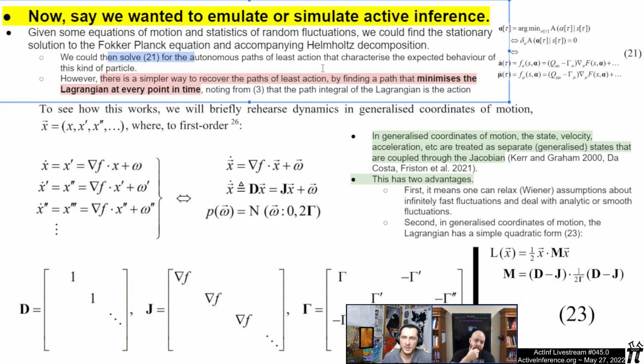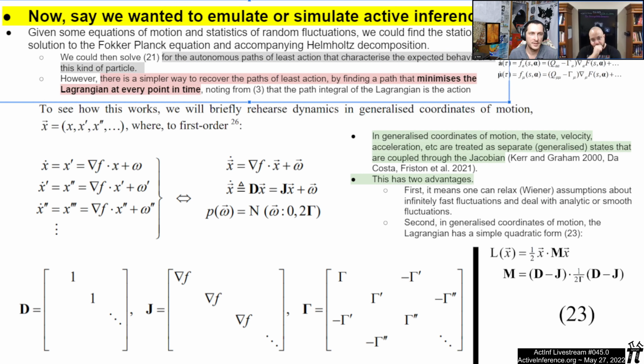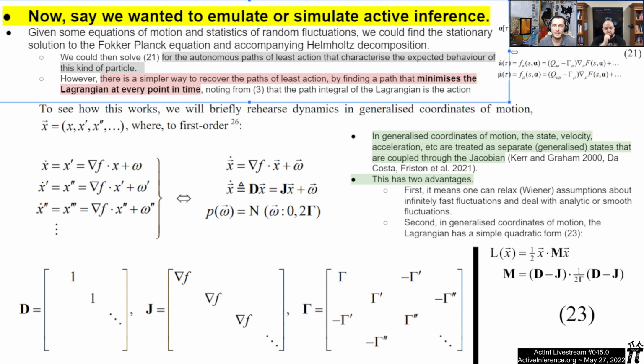We could then solve number 21, we call it paths of least action, that characterize the expected behavior of this kind of particle. However, there is a simpler way to recover the paths of least action by finding a path that minimizes the Lagrangian at every point in time, noting from 3 that the path integral of the Lagrangian is the action.